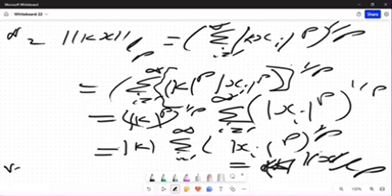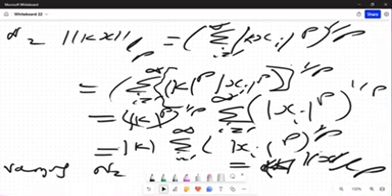This is exactly what N2 is saying, verifying N2. So the modulus of the norm of kx is equal to modulus of k times the norm of x. Okay, so that's for the norm on LP.